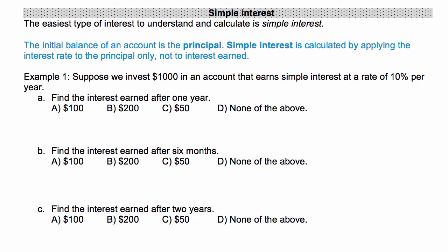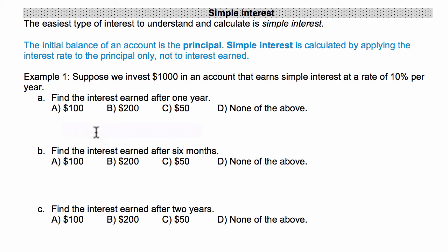Example 1. Suppose we invest $1,000 in an account that earns simple interest at a rate of 10% per year. Note that 10% is not a realistic yearly interest rate as of 2017. However, it's an interest rate that's easy to work with, so we'll go ahead and use it.